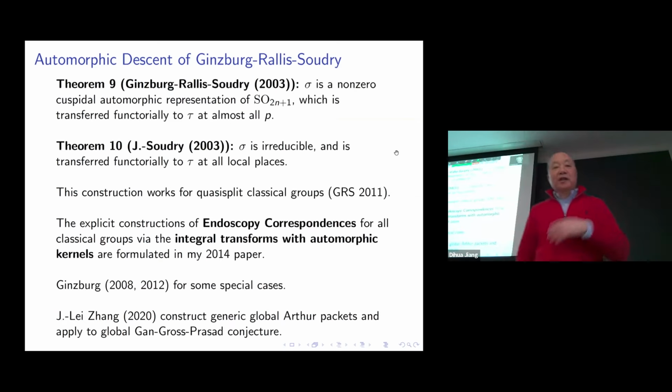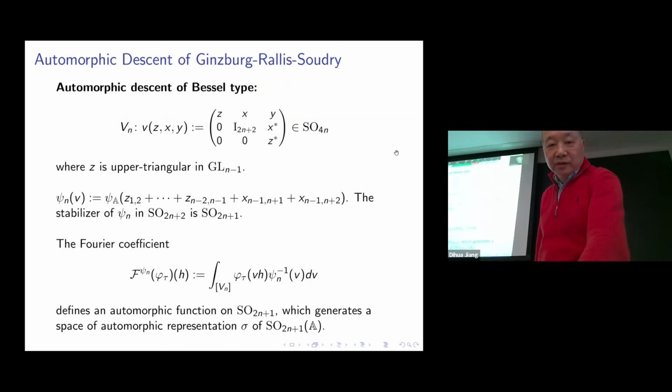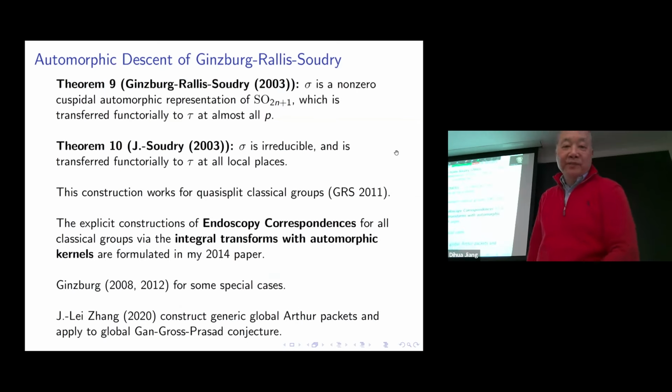They show that this cuspidal automorphic representation transfers to the pi you start with at almost all finite places.